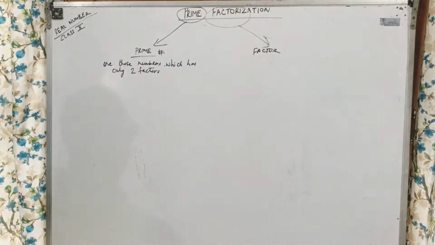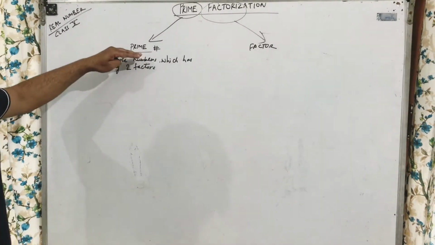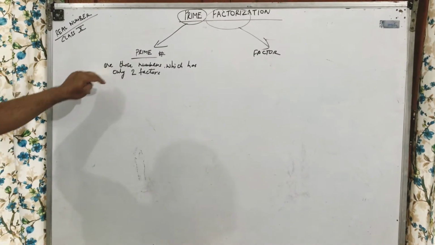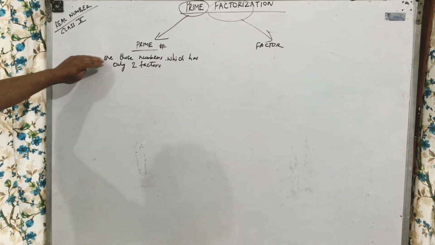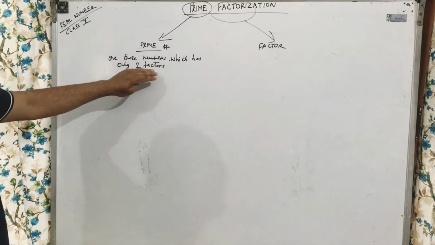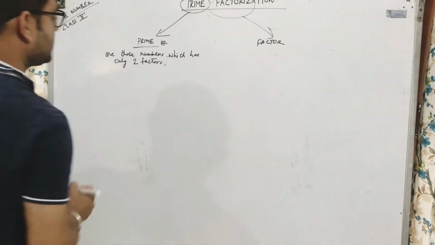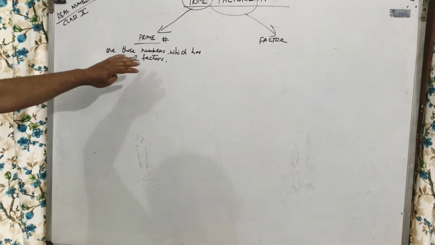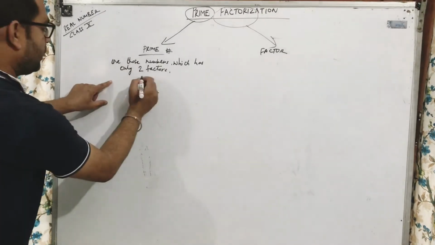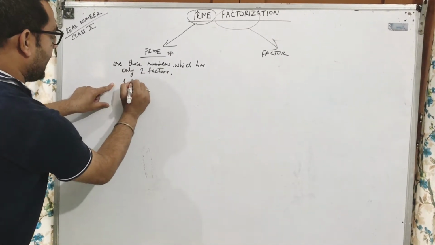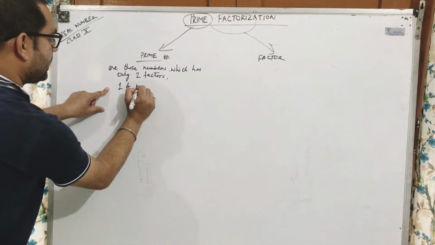In case you don't know the meaning of prime numbers, you might refer to my previous videos. Here also I have mentioned that prime numbers are those numbers which have only two factors. That means the number can be divided by two numbers only, and those numbers are 1 and the number itself.